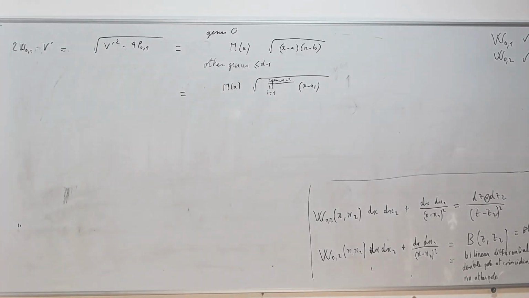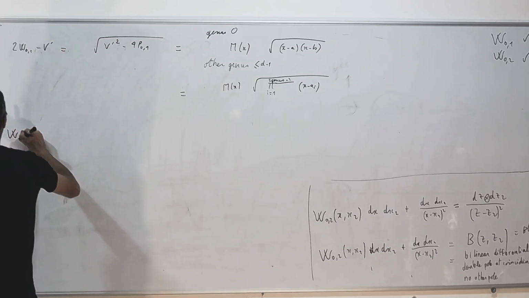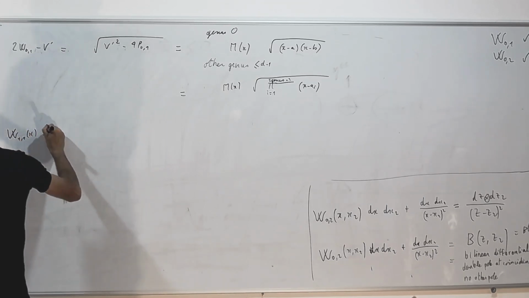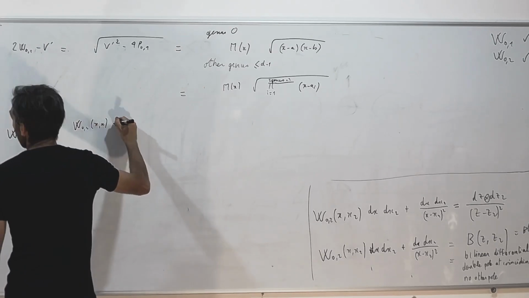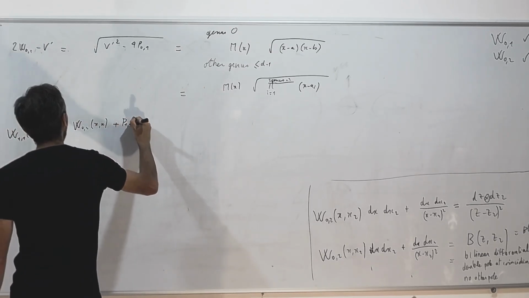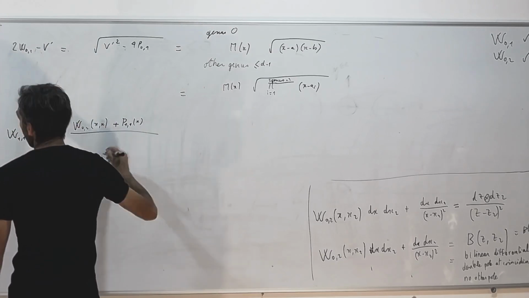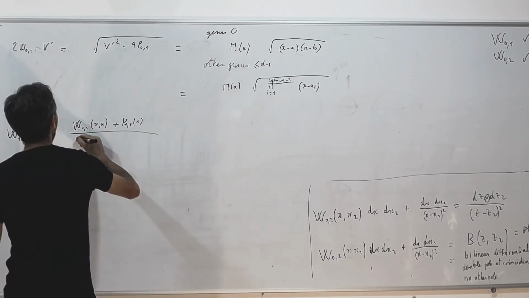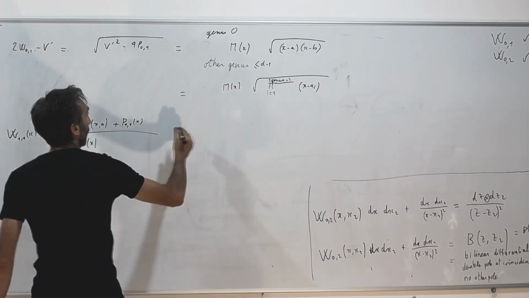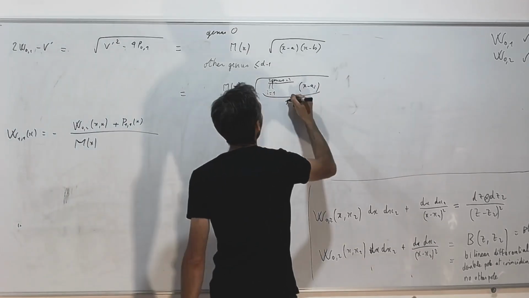But you see, so what does it mean? It means that W11 of x is minus W02 of xx plus P11 of x over this square root, m of x. Let me call that sigma of x.